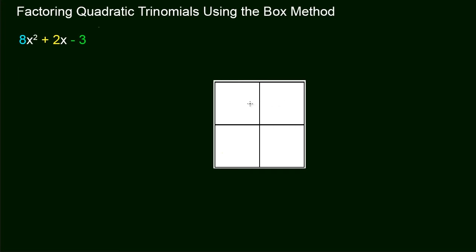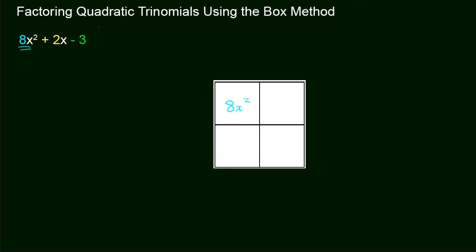The difference is that instead of writing our binomial terms on the top and to the left, we're going to fill in this box with this expression and then use the numbers inside the box to factor each column and each row to get the numbers that we put on the top. To start off, this term, 8x squared, will always go in the top left box. My leading coefficient will always go on the top left box.